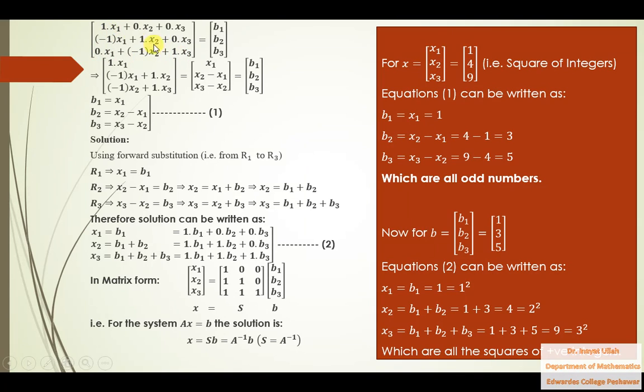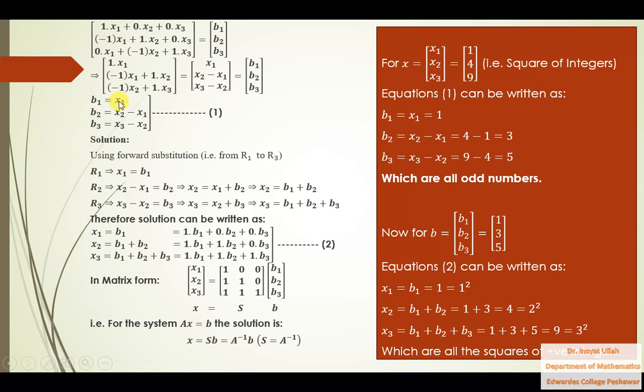This kind of matrix is called a lower triangular matrix. And if everything above is non-zero and below the diagonal is zero, then we say that is an upper triangular matrix.